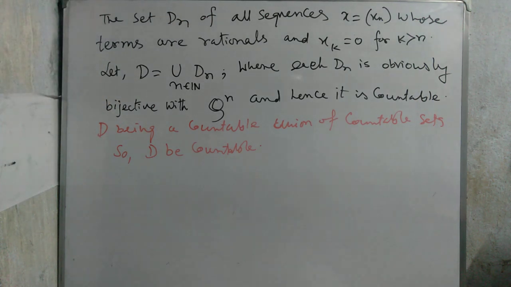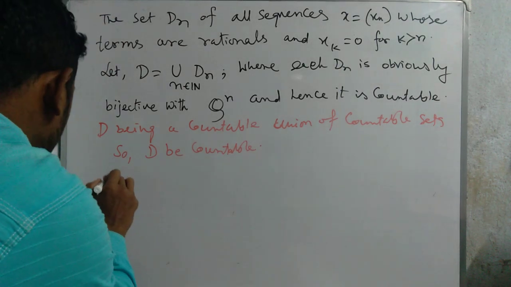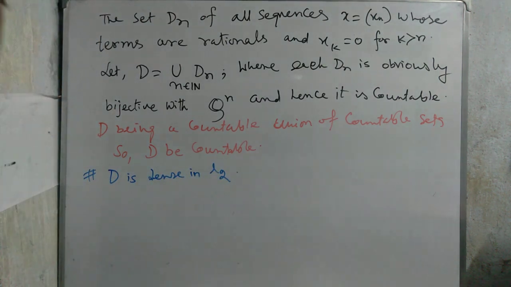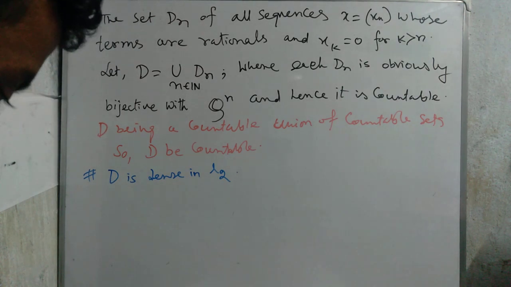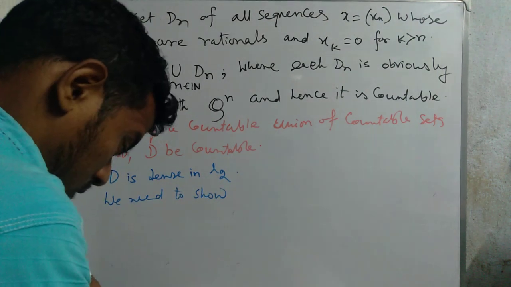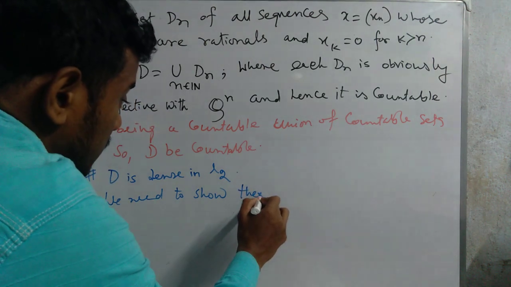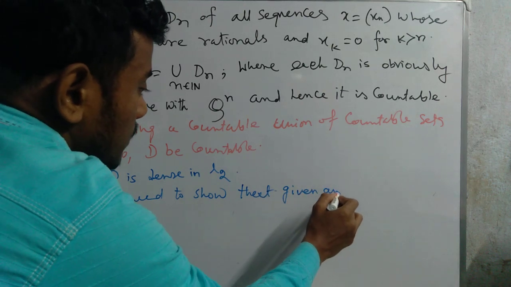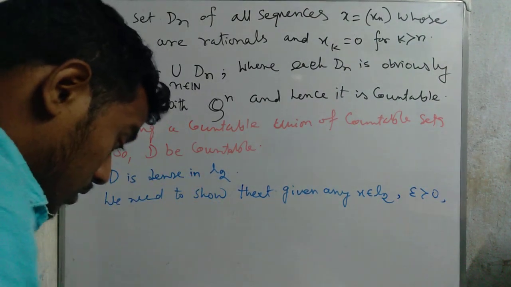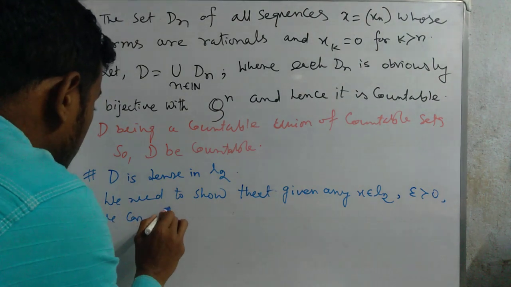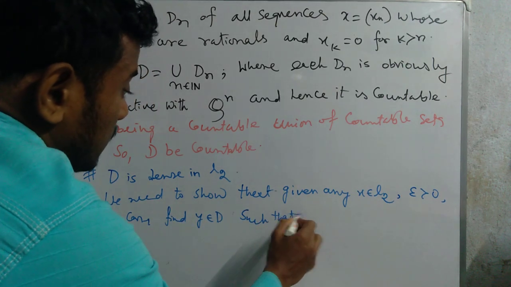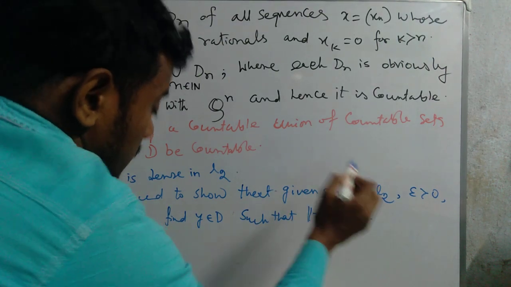D is dense in L2. What we need to show is that given any x belonging to L2 and epsilon greater than 0, we can find y belonging to D such that the norm of x minus y is less than epsilon.